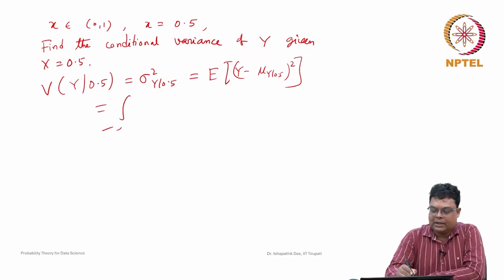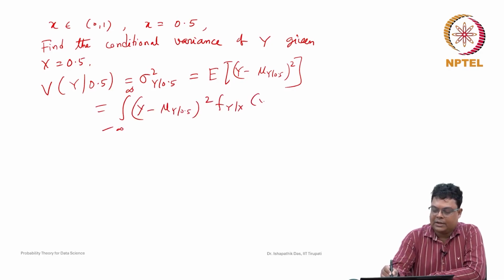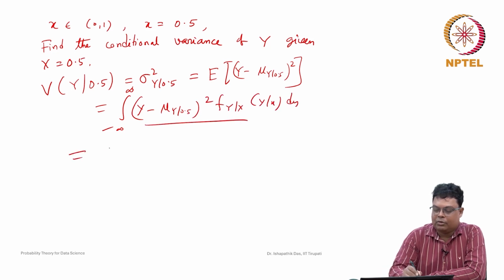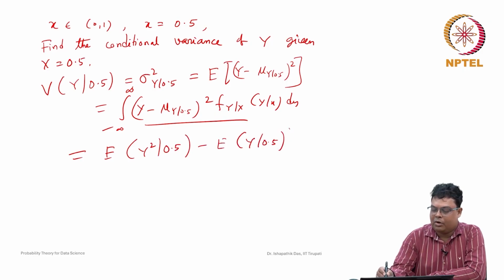By definition, this is the integral from minus infinity to plus infinity of (y minus mu y given 0.5) whole square times f of y given x dy. Now this is a little difficult to compute, so we will follow this formula: expected value of y square given 0.5 minus the expected value of y given 0.5, which is 0.25 as we computed just now, whole square.